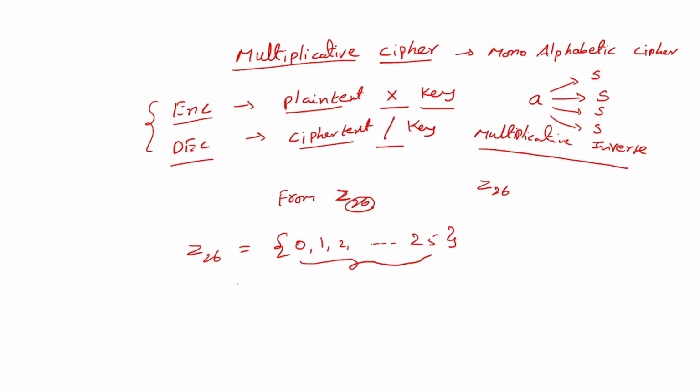So what are those values? How can you check whether an integer has a multiplicative inverse or not? We already discussed this in the previous sessions, you can refer to that video. To check whether the integer has a multiplicative inverse, we need to use the Euclidean algorithm.